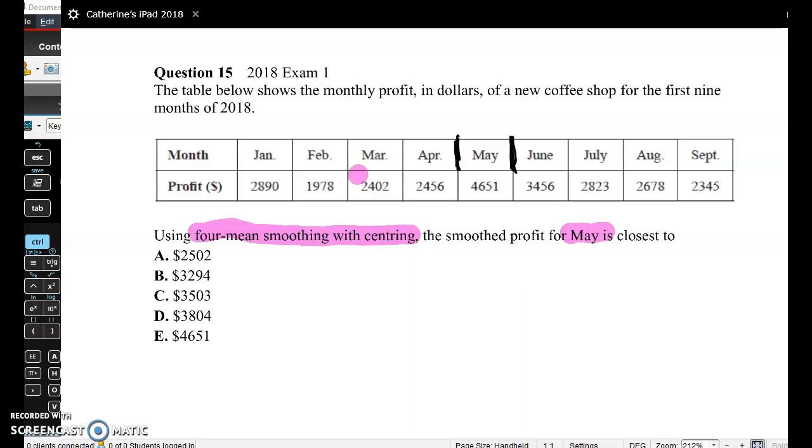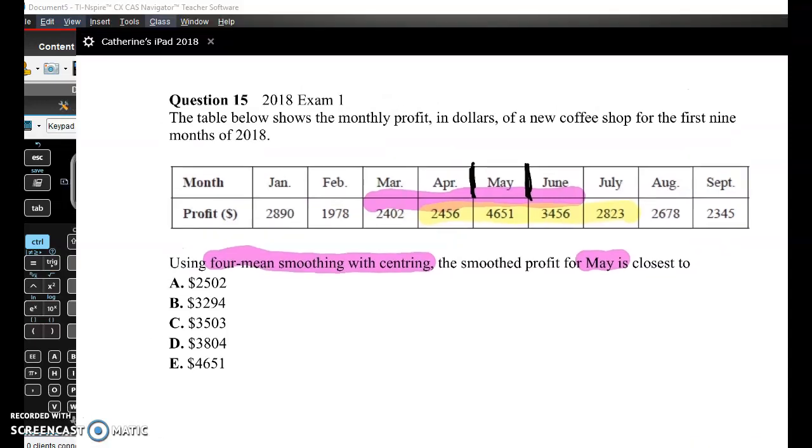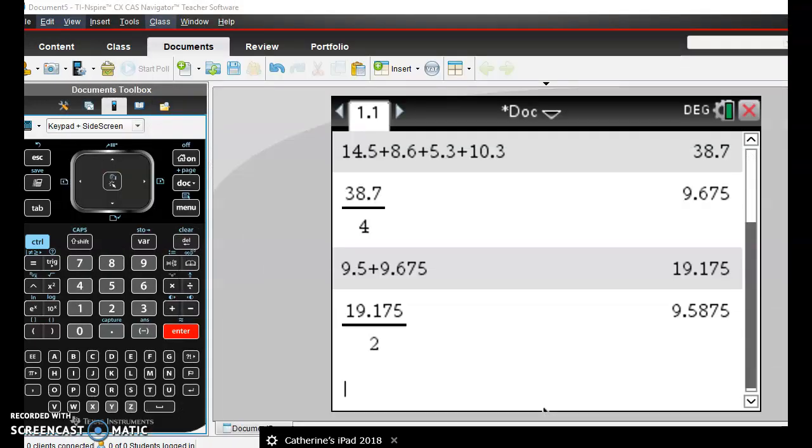So we'll go March, April, May, June for this first lot, and then the second time will be April, May, June, July. Okay, so let's do those calculations.